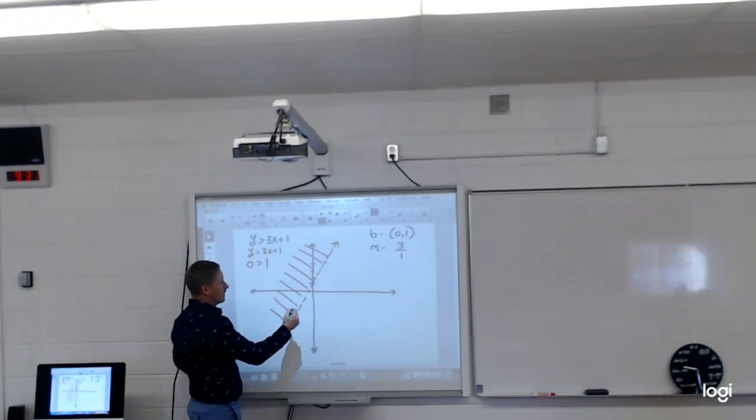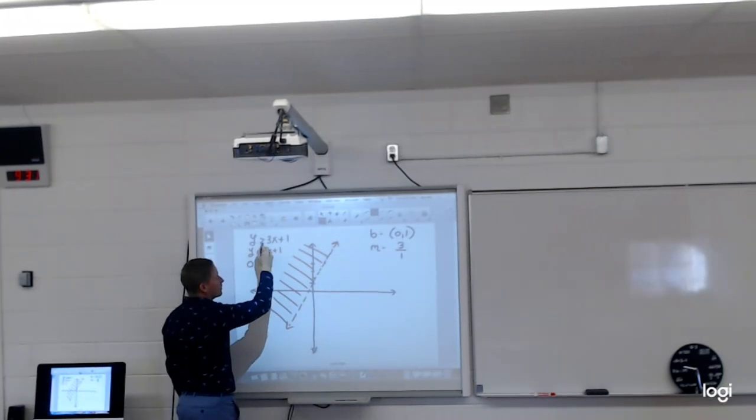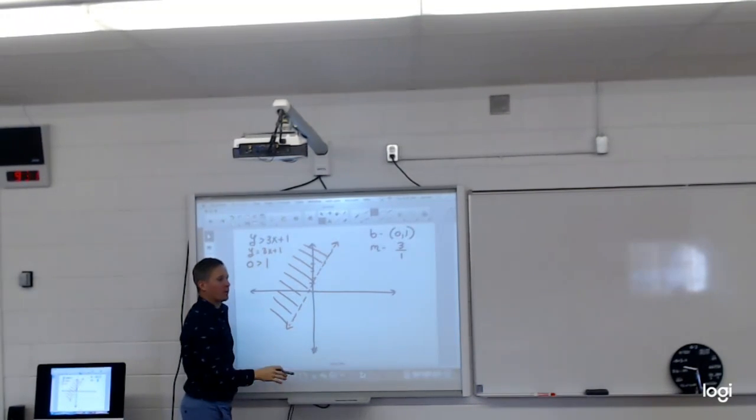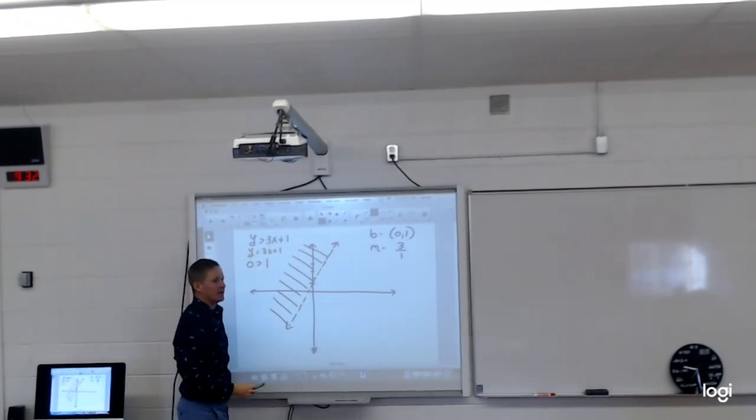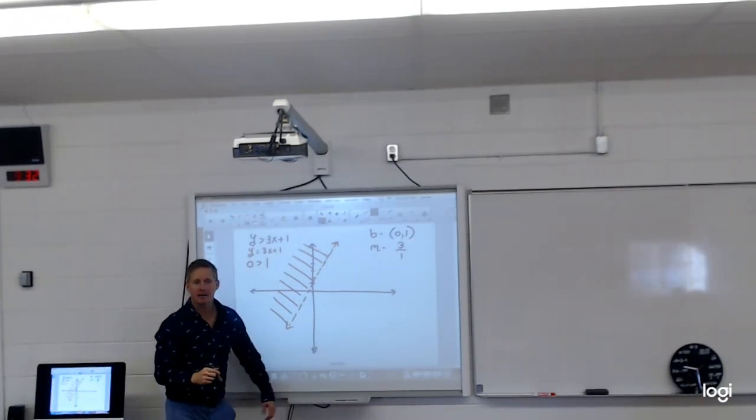Okay, so you pick a coordinate, put it in for x and y in this equation, and if the equation's true, you shade over whatever point you picked. If it's false, then you shade the other side. Any other comments or questions?